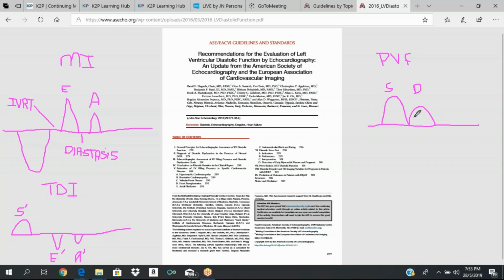So we can categorize diastolic dysfunction in terms of severity. And we use a grading system, grade 1, grade 2, and grade 3. And we're going to go over that. Basically, we use these assessments or these parameters to grade the diastolic dysfunction. And with that background, we're going to show you how we do it, okay?